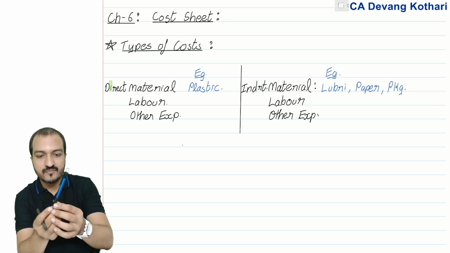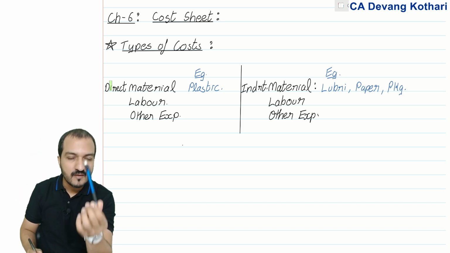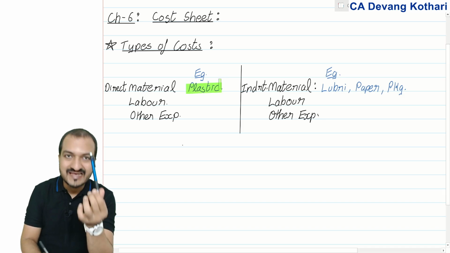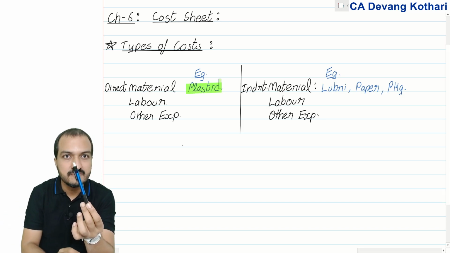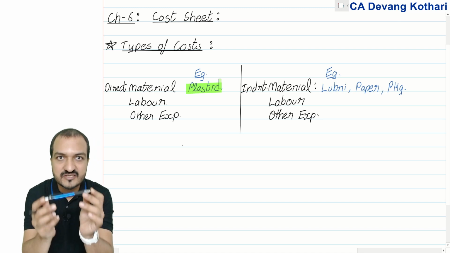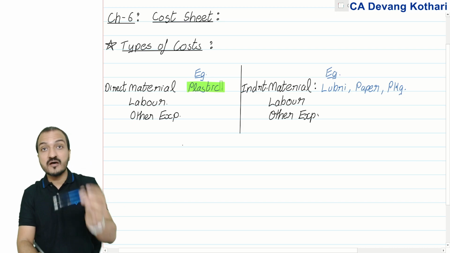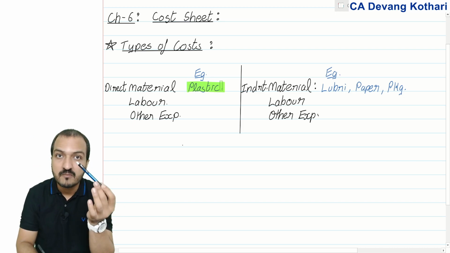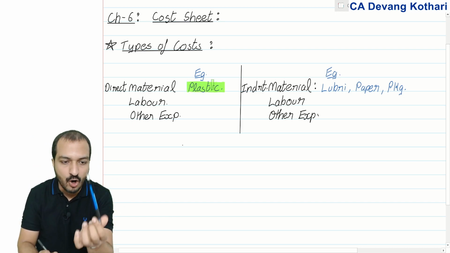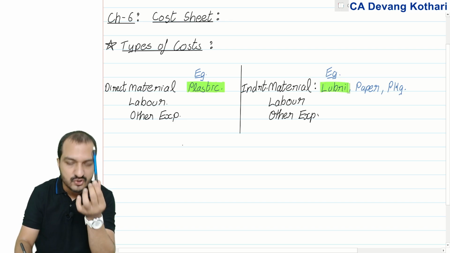Now look at this pencil. Do you see that the plastic is consumed in making this pencil? Yes, you can see the plastic on the pencil. So plastic is a material which is directly consumed in making this pencil. But do you see lubricants on this pencil?